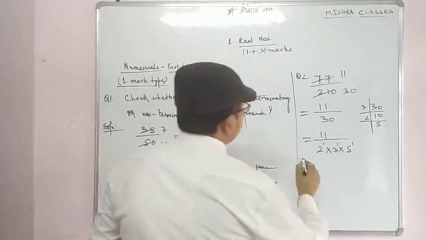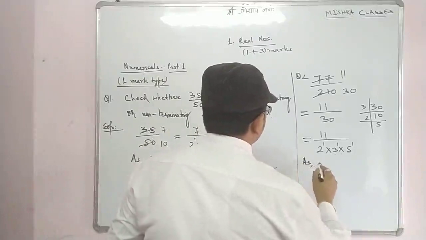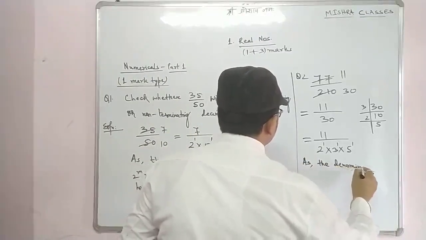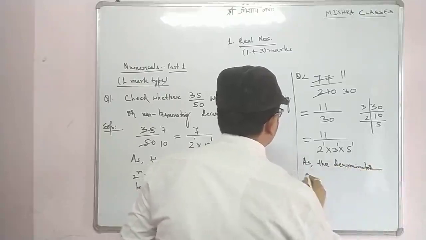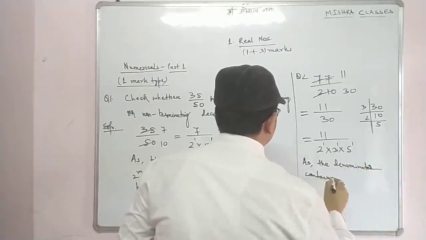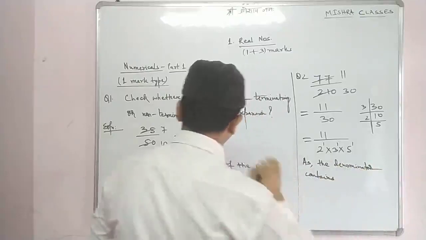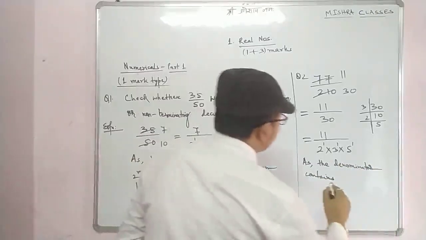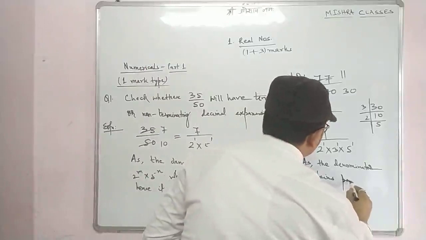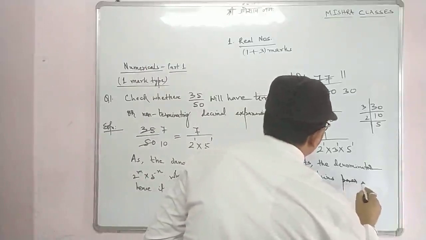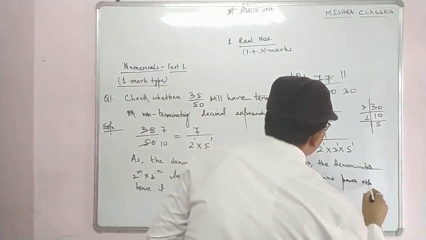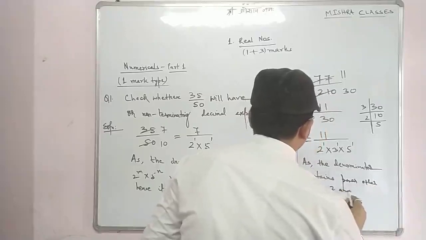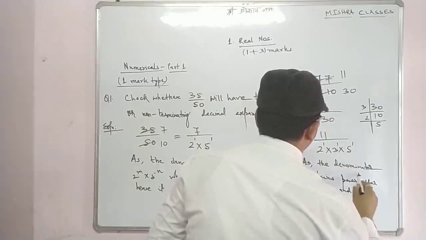Now we'll write: as the denominator contains power other than 2 and 5, power of 3.